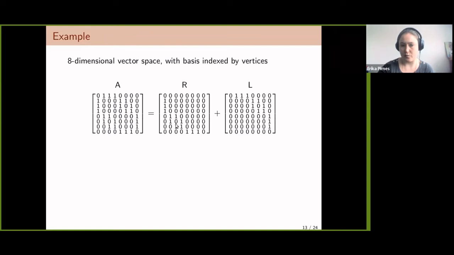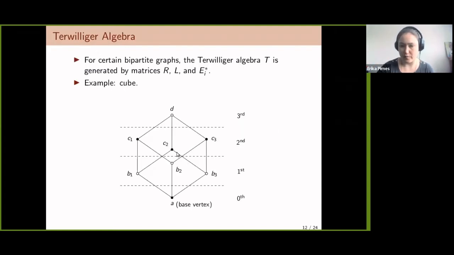And here we have ones in these places which correspond to C1 and C3. And a lowering operator does the other way. So B2, it would send it to A, and then the adjacency matrix just sends the vertex to every vertex it is adjacent to.